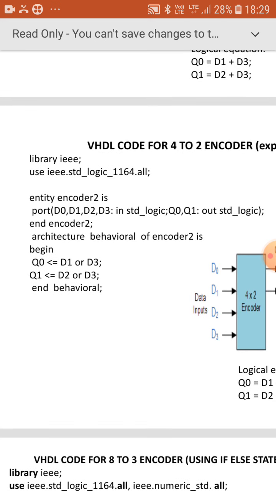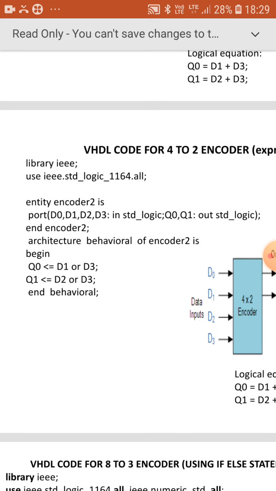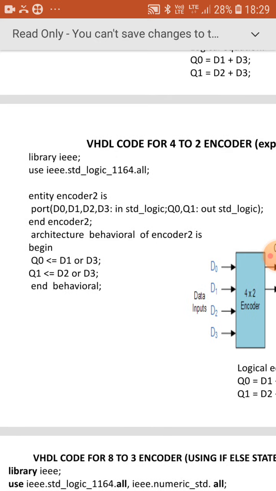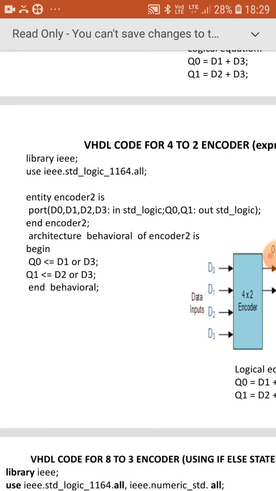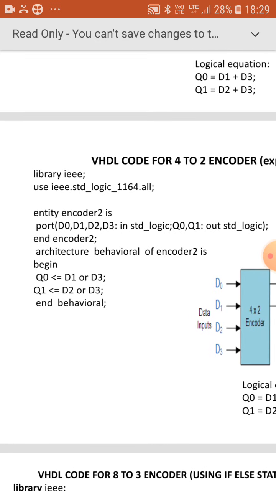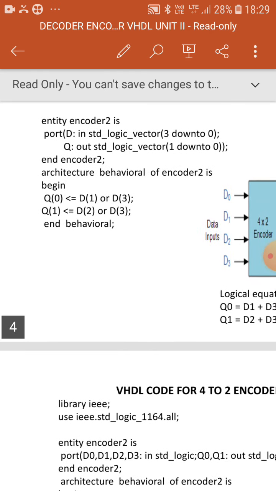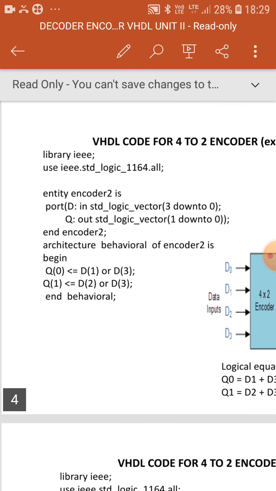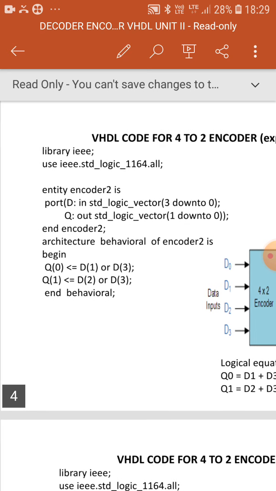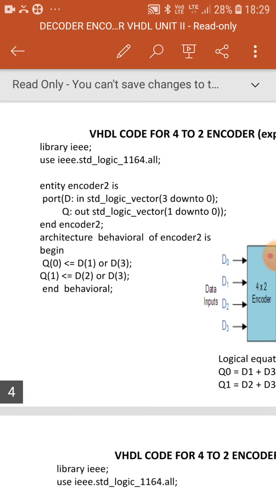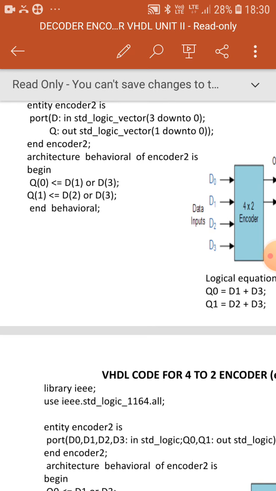So D0, D1, D2, D3 colon in std logic. So no need to write std logic vector. Okay. Each one is a single bit value. But here D is a 4 bits value. So D colon in std logic vector 3 down to 0 I am writing.